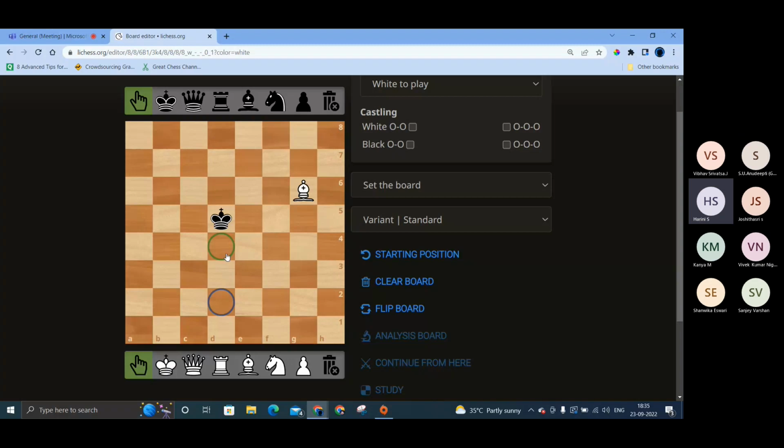So which squares is the bishop controlling with respect to the king's path? Check the king's way, and which squares the bishop is controlling.